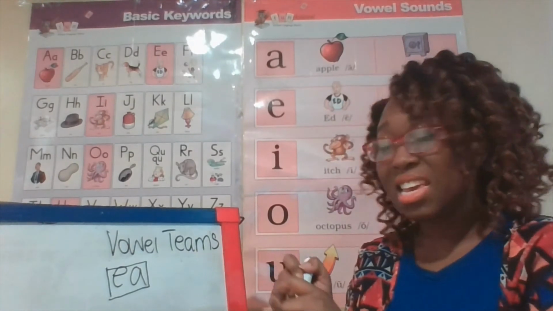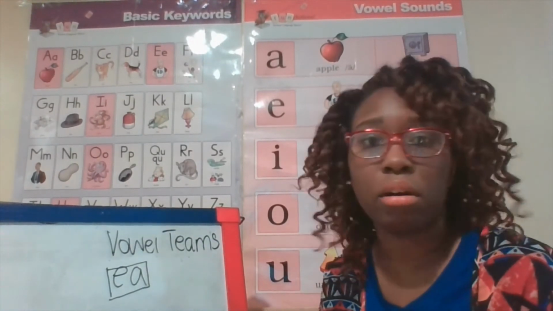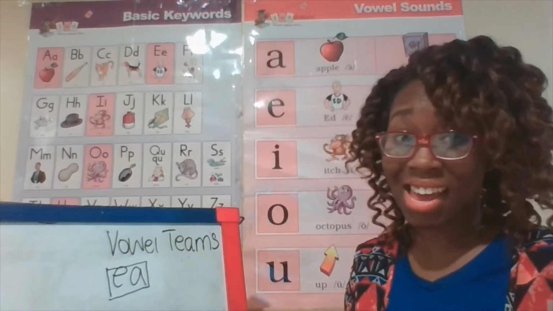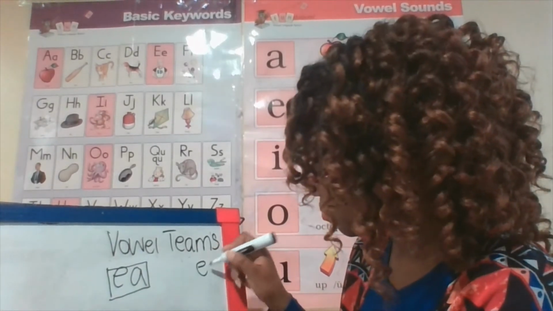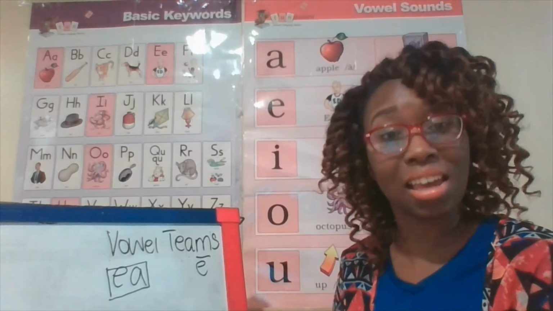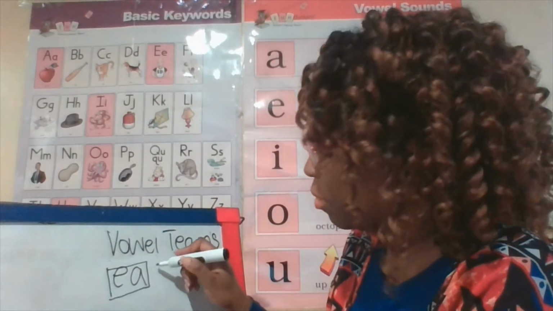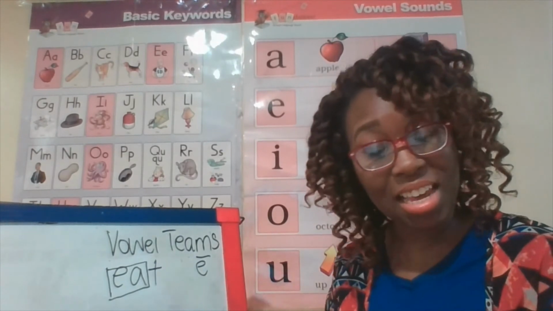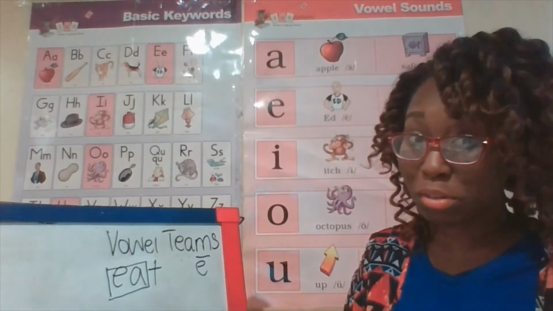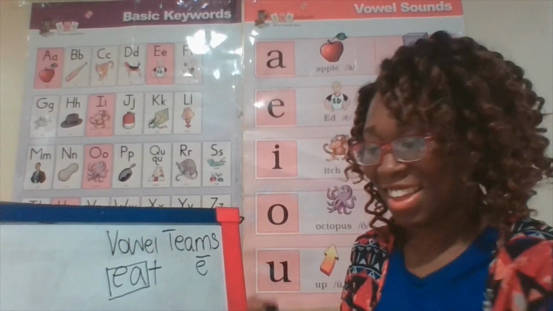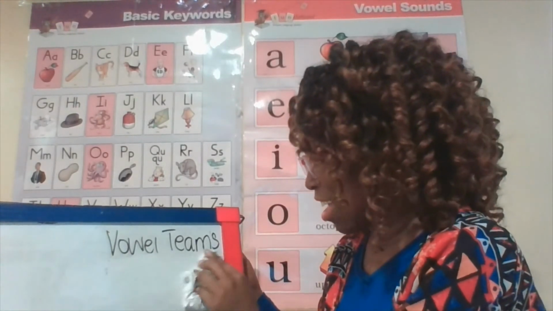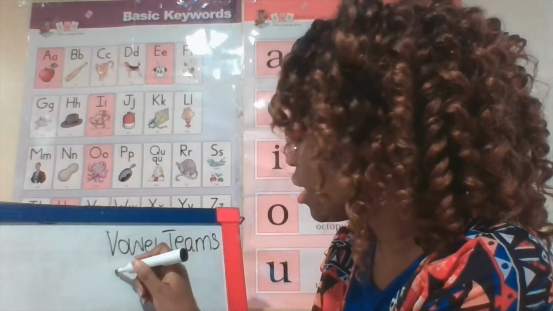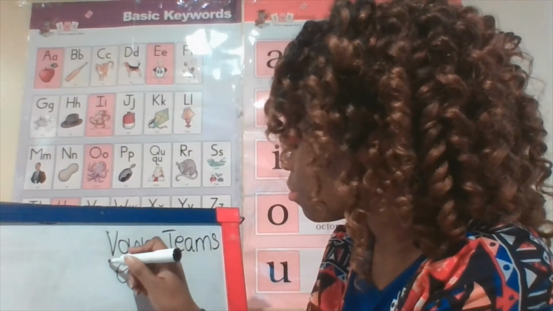When you see an E and an A together, you're probably wondering, oh boy, I don't know what sound that makes. It makes long E. So for example, in eat, will you please eat some breakfast before you do your work? And one last vowel team for today, EY.